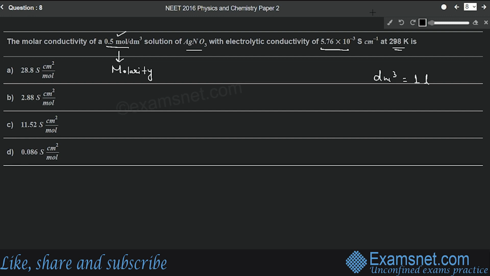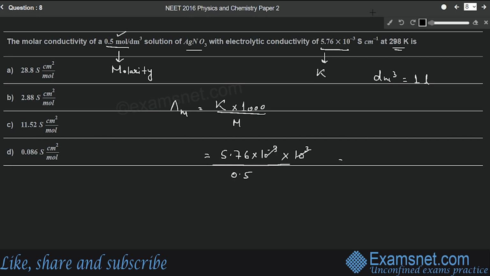Then electrolytic conductivity, that means the value of kappa K is given. Now we know that the molar conductivity is equal to K × 1000 divided by molarity. So we simply have to put the values here. K is equal to 5.76 × 10^-3 into 1000, that means 10^3, so this will cancel out, and here we have molarity, that is given as 0.5.